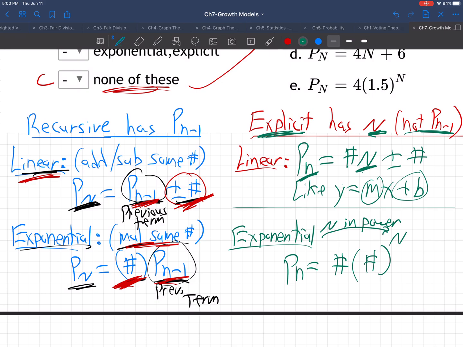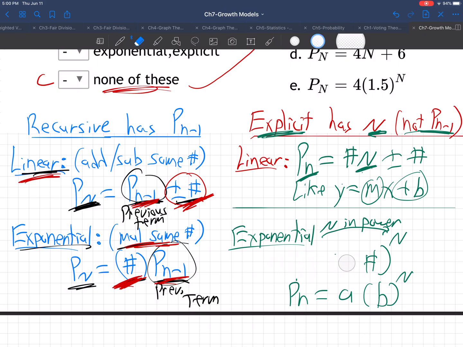So that's what it's going to look like. In fact, we usually write it as a times b to the n, like that. A times b to the n. All right, so that's how it's usually written. Okay, and so let's go look for that.